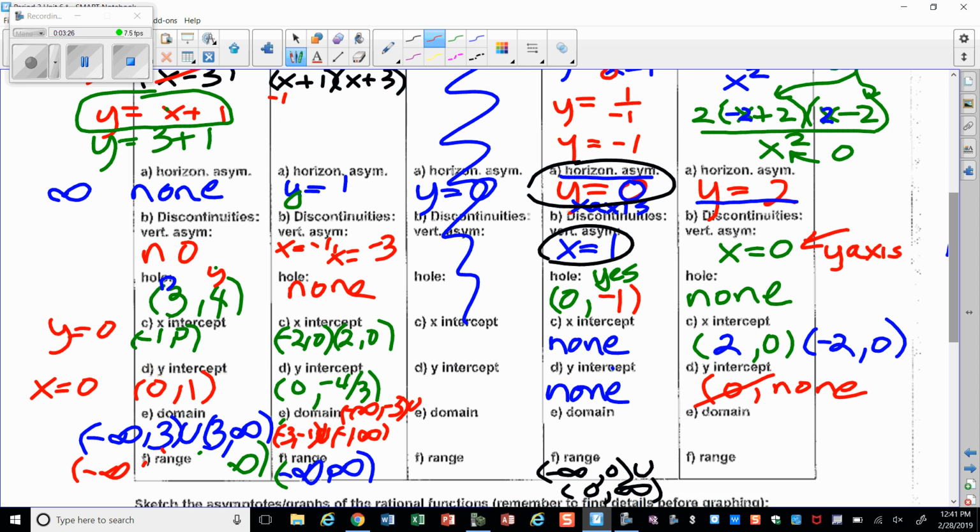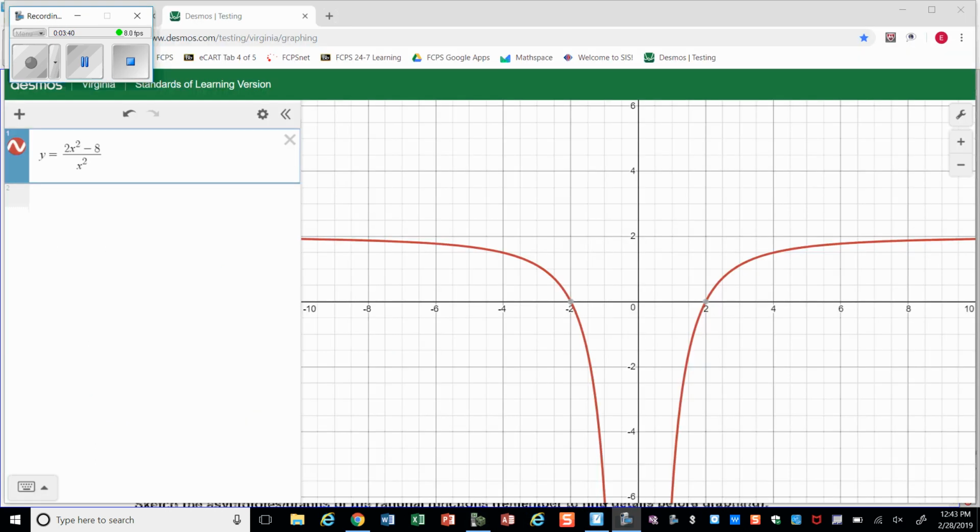That's the y-axis. And then my domain, it's probably a good idea, for domain and range, I like to look at the graph. So let's go into Desmos. I'm looking at this function here, and it's this kind of cool shape. It looks like a funnel.